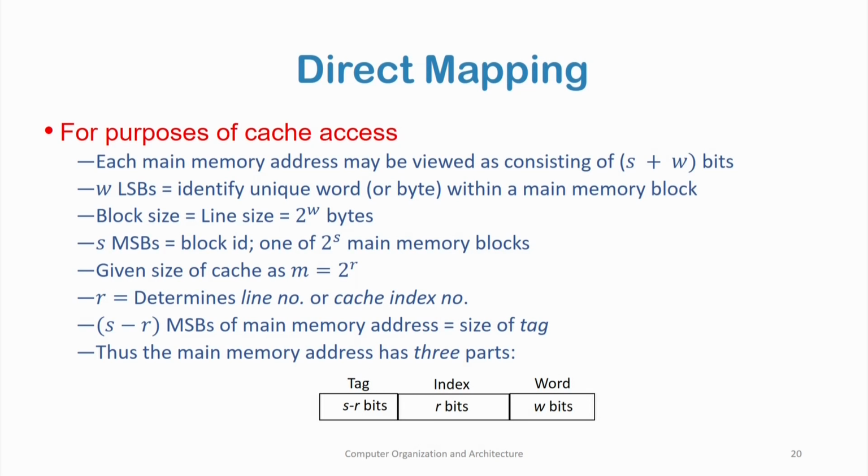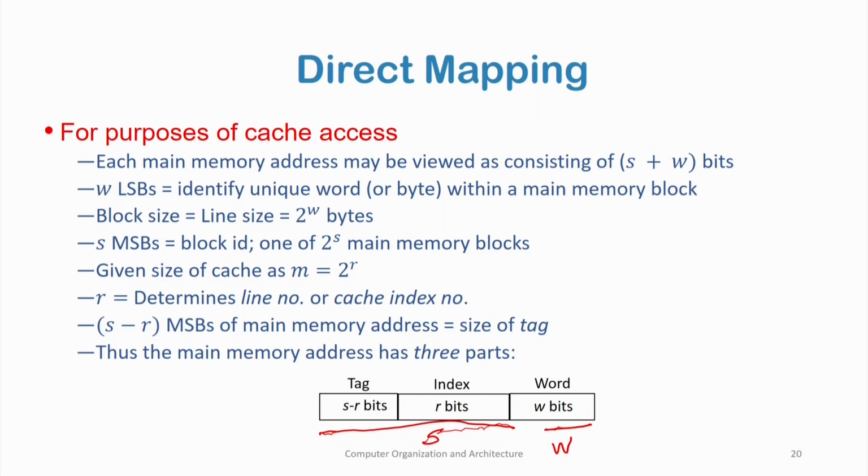For the purposes of cache access, when we want to read the cache, each main memory address may be viewed as consisting of s plus w bits. Here, this is s and this is w. The w LSBs, the least significant bits, identify a unique word or byte within a main memory block.